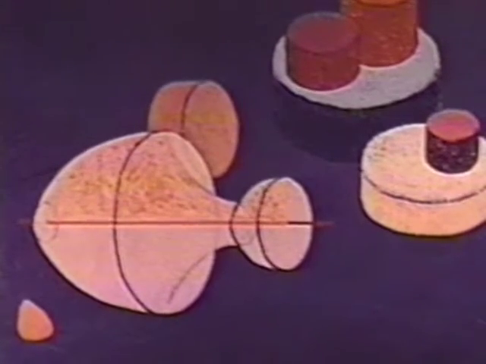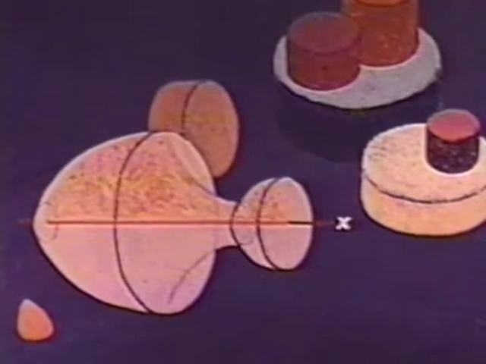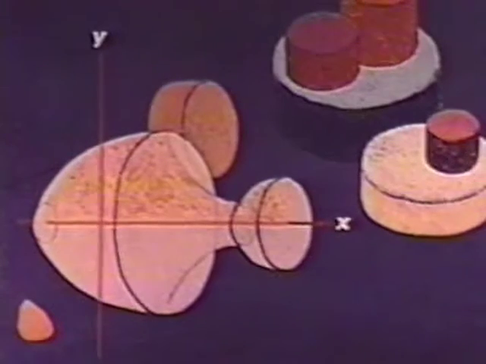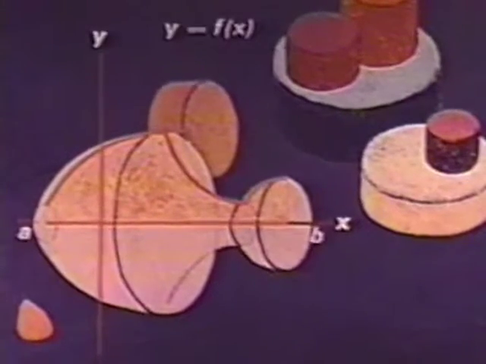Now let's call the solid's axis the x-axis and sketch a y-axis in the plane of the cross-section. Suppose the equation of that top curve is y equals f of x as x goes from a to b.